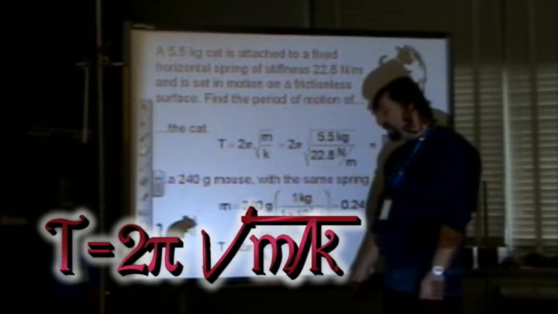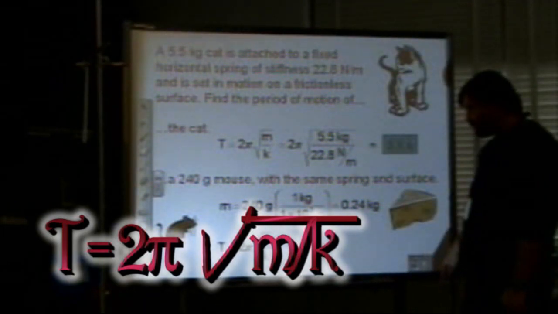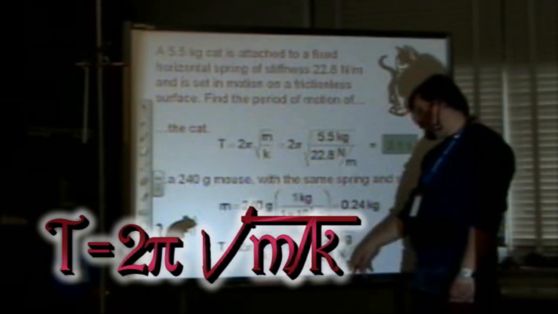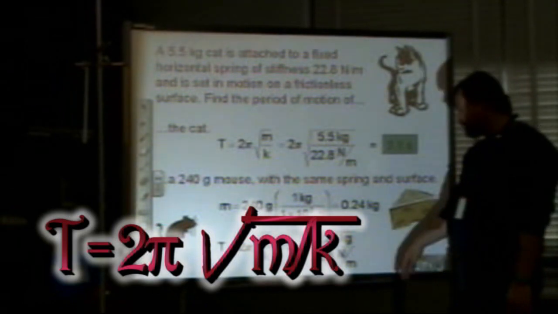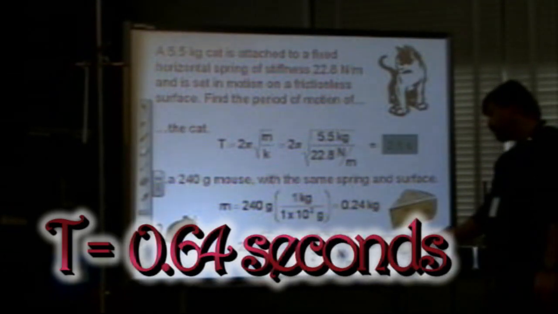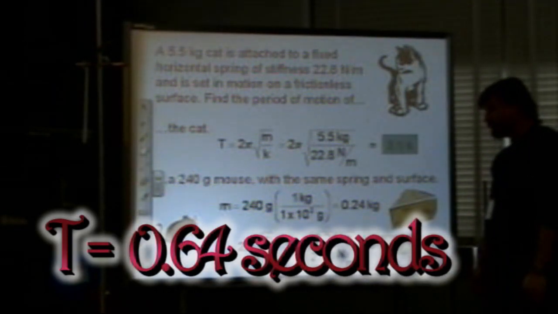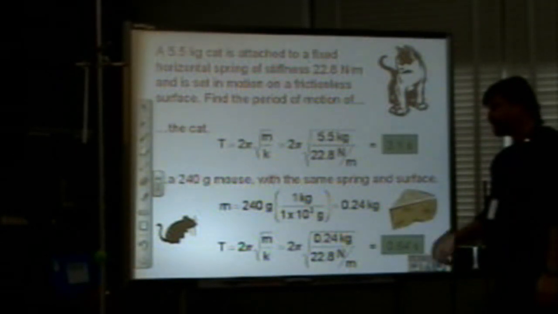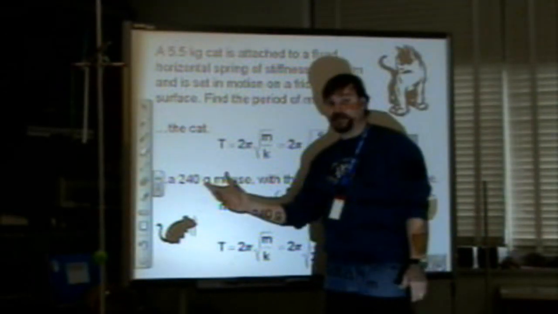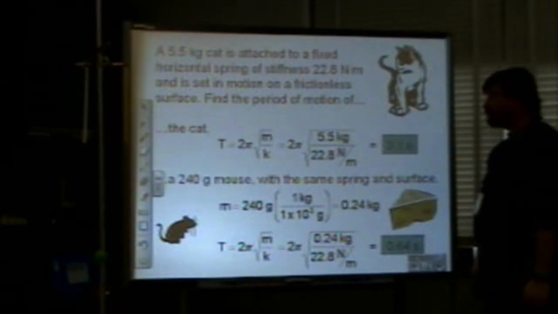We determine the time period is 2 times pi square root of mass divided by the spring constant k. With the same spring, a 22.8 newton per meter spring constant, and a mass of 0.24, times 2 times pi, we get 0.64 second time period for one oscillation. So we have a much faster oscillation for a less massive object with the same spring constant.